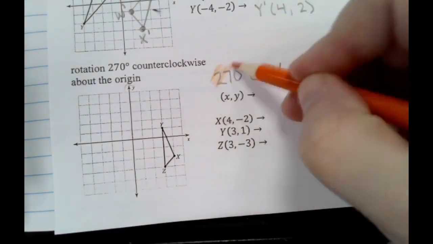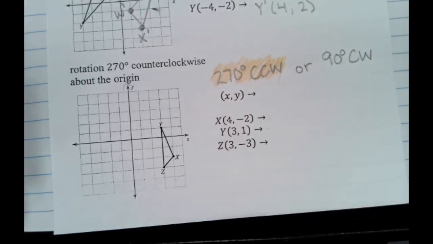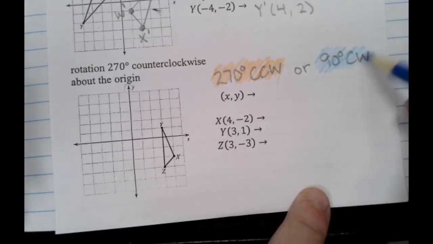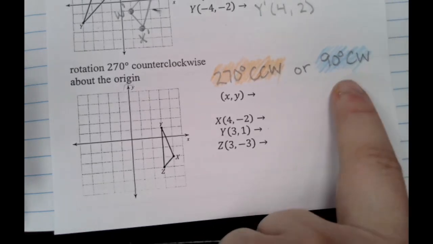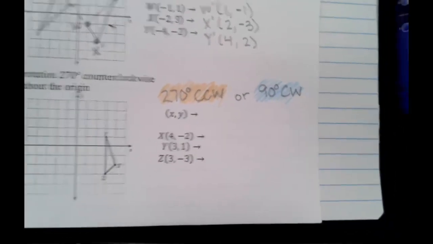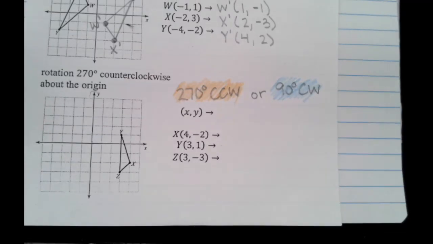I think, Alex, the more I think about those practice problems I looked at, they always use 90 degrees. They never go with the 270. So either it'll be 90 degrees counterclockwise or 90 degrees clockwise.